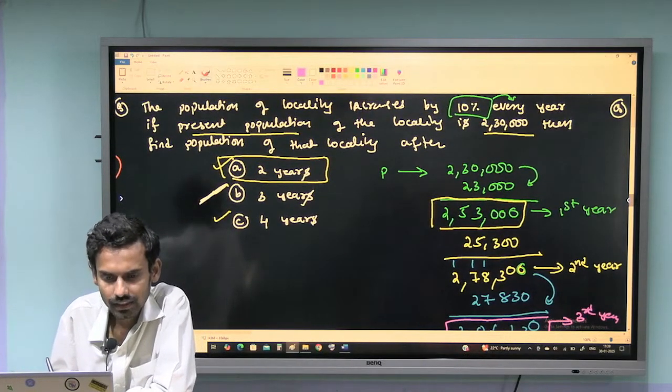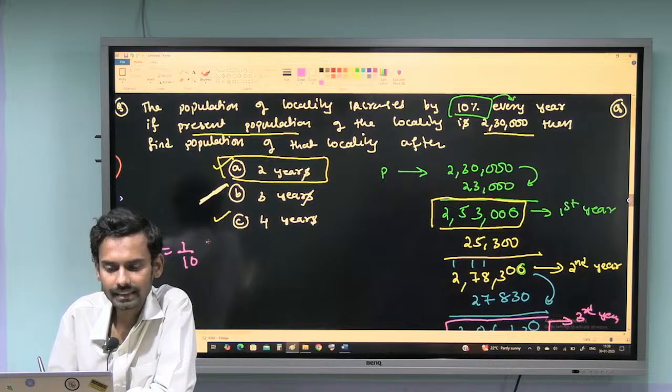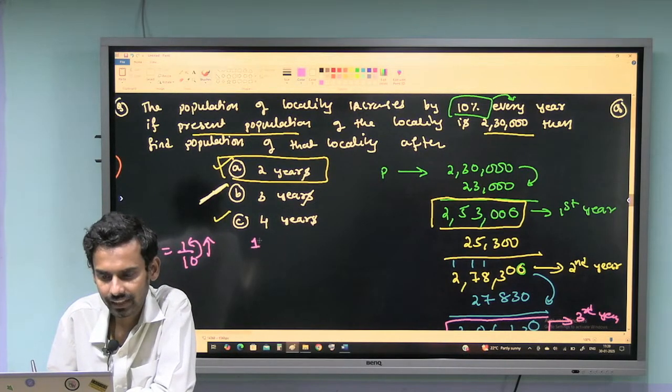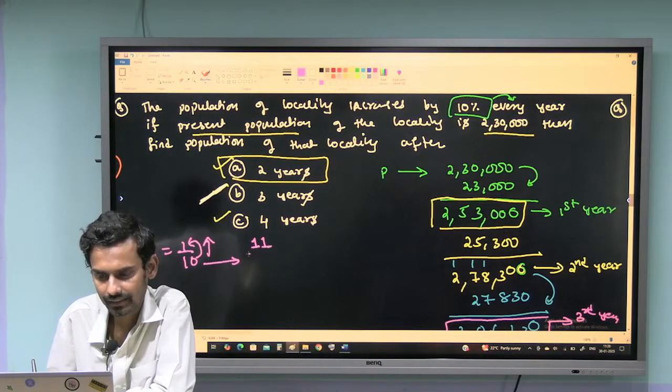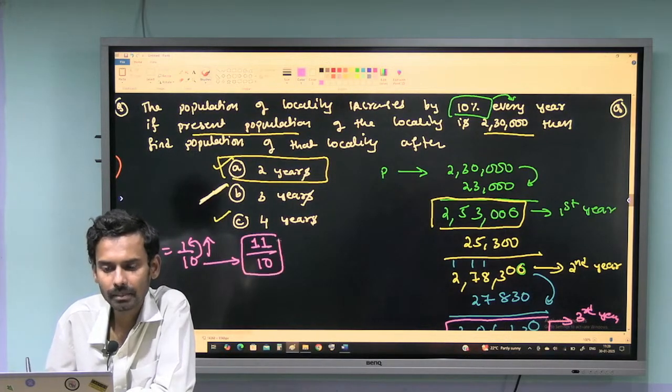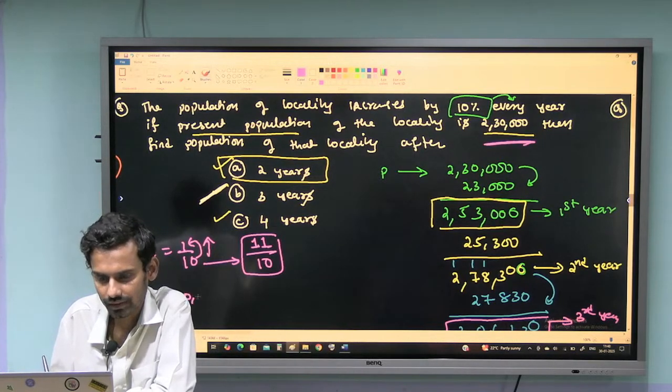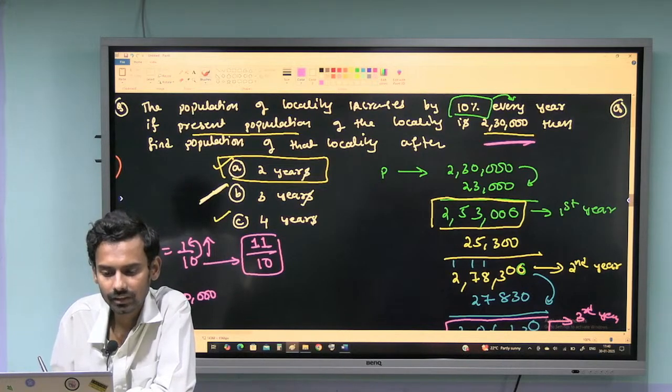So 10% is nothing but 1 by 10. As it is increased, you need to increase 10 by 1, you will get 11, and divide by the same number 10. So this will be your multiplication factor, and your present population is given to me as 2,30,000. So for first year, it will be 2,30,000 into 11 by 10.